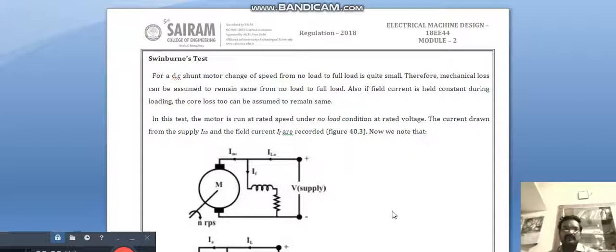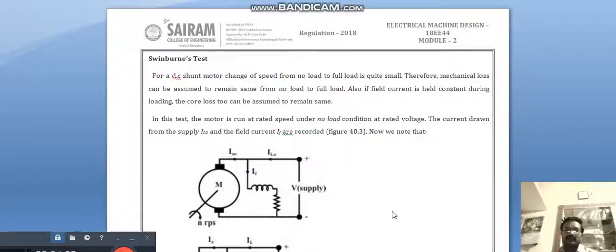Let's see the Swinburne test. For a DC shunt motor, the change of speed from no load to full load is quite small. Therefore, mechanical loss can be assumed to remain the same from no load to full load. Mechanical losses mean frictional loss and windage loss.